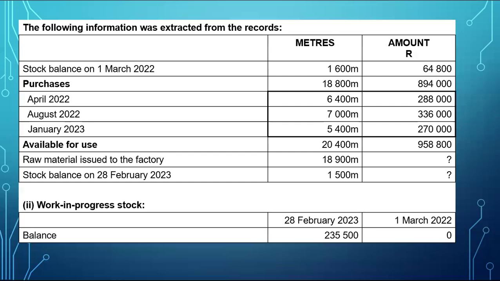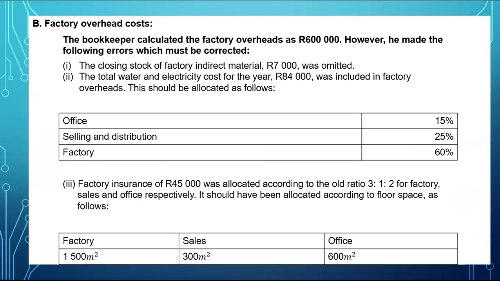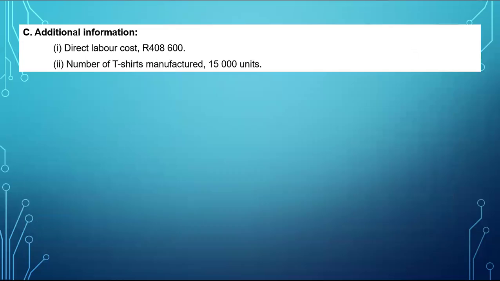And so far, we know that we issued 18,900 worth of raw materials to production. And when you read further to C, under additional information, they gave us obviously our direct labor cost, which will not help us.